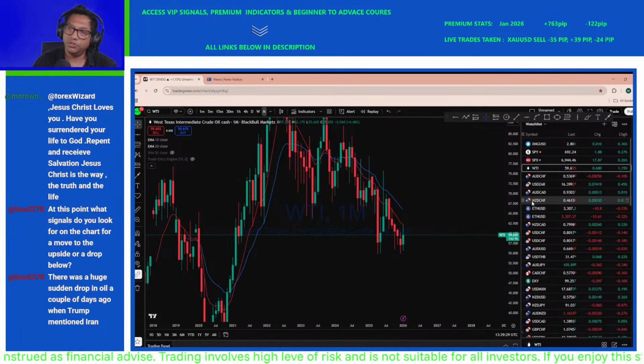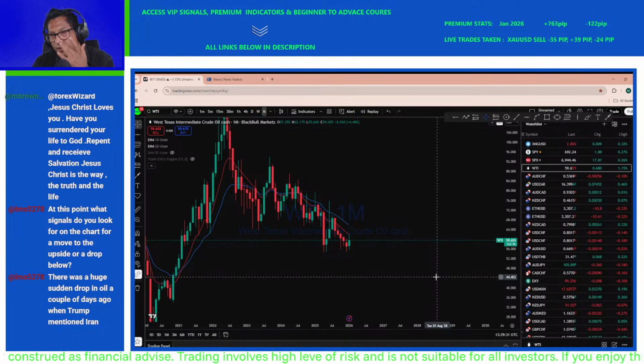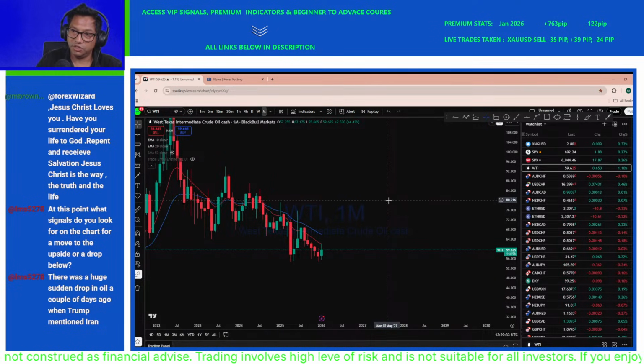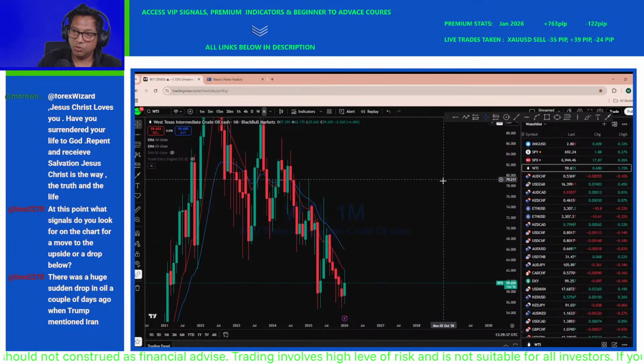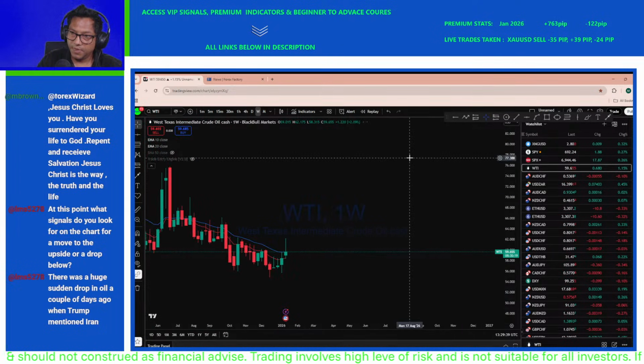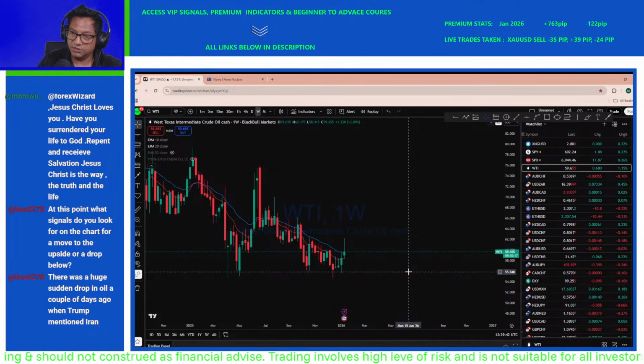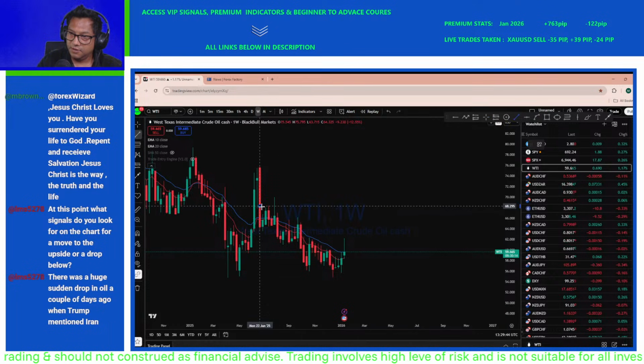Oil is still bullish. This is a downtrend, but there is still potential for a bounce on oil. If you look at this, there is a break of the trend line.